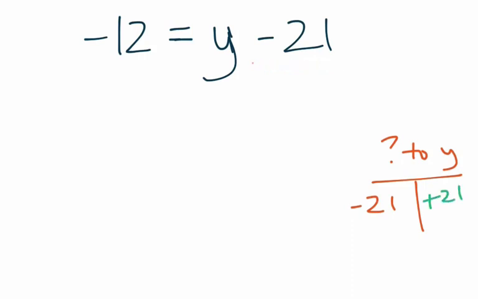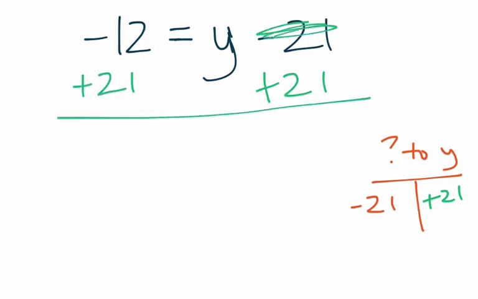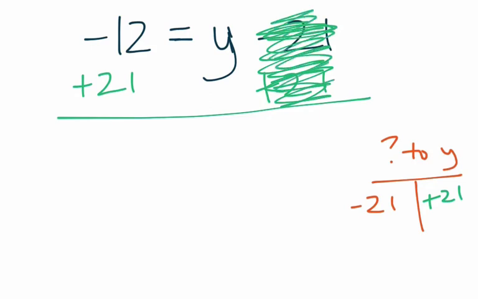The first thing that we're going to do, and the only thing that we're going to do, because there's only one thing to do, is add 21 to both sides. These 21s go away, and I get y equals, and in your calculator, if you take negative 12 plus 21, you should get 9.